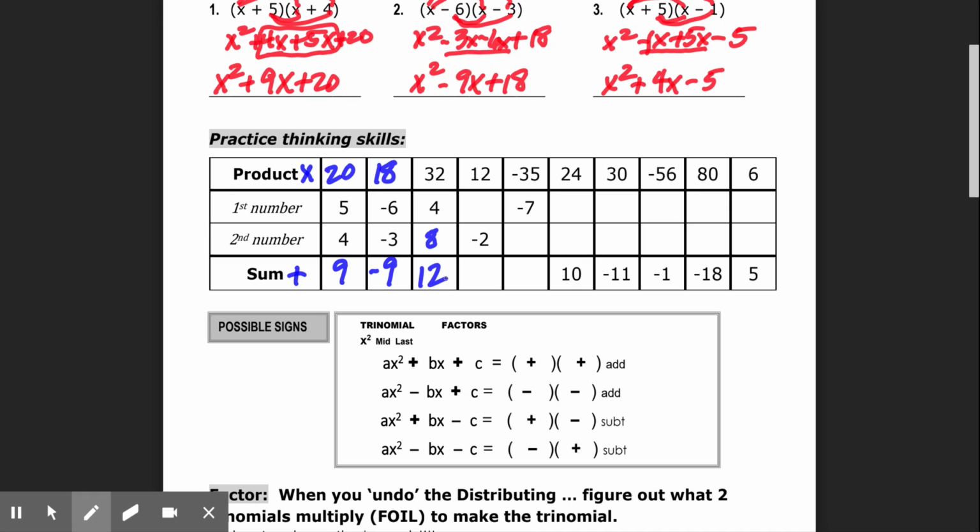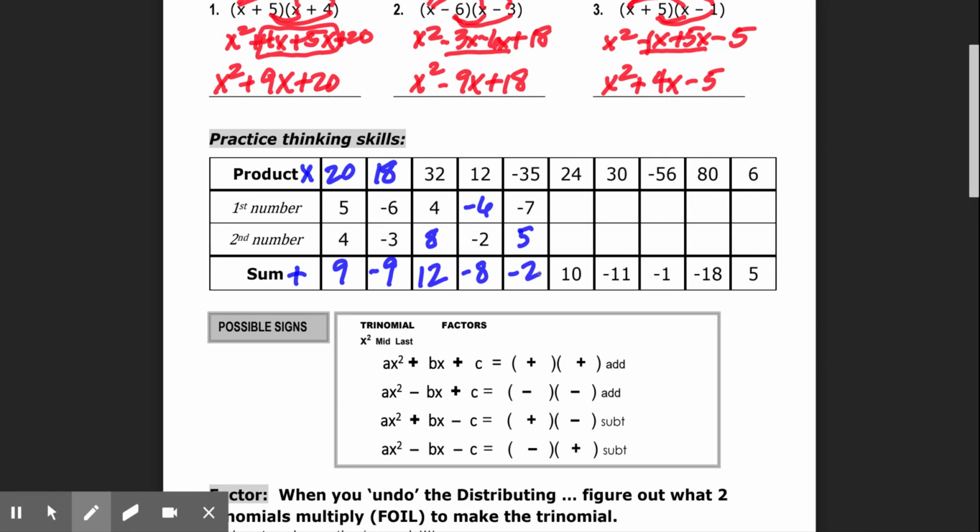Same thing here, except the second number is given. 12 divided by negative 2 would be negative 6. And negative 6 plus negative 2 is negative 8. Same scenario. Negative 35 divided by negative 7 is positive 5. Negative 7 plus 5 is negative 2.